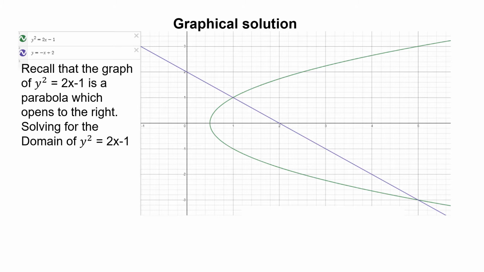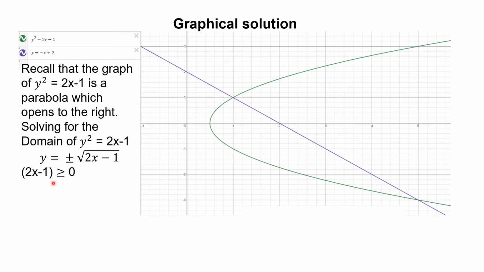And solving for the domain of y squared equals 2x minus 1, we can actually take the square root of 2x minus 1. That will give us y equals plus or minus the square root of 2x minus 1. And since we know that the value inside the square root should not be negative, then we can come up with the following: 2x minus 1 should be greater than or equal to 0.